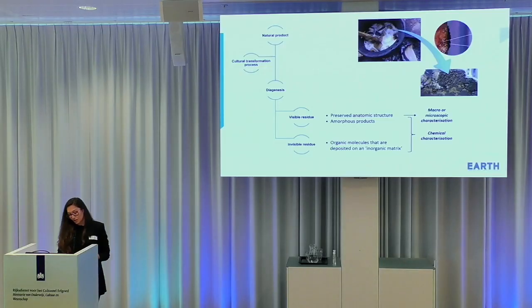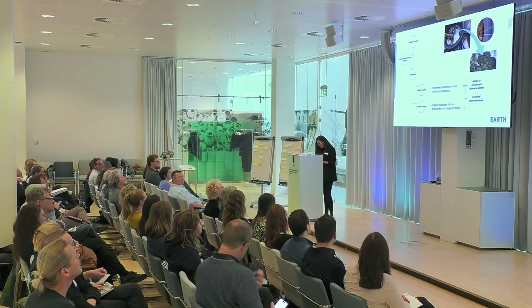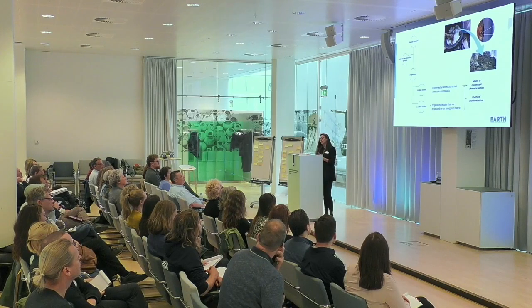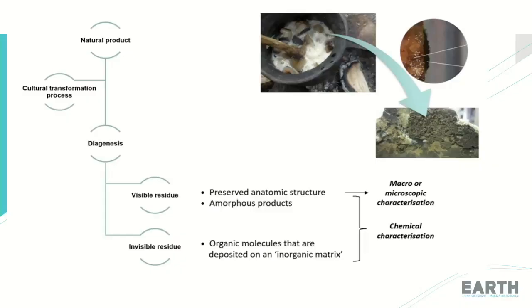The second is the carbonized surface residues, that is food crust that Lucy explained in detail, that are visible on the interior and exterior of the pottery, and that will give you information on what was cooked in the last part of this pottery's use. That could be related to one or two meals cooked in the pottery.